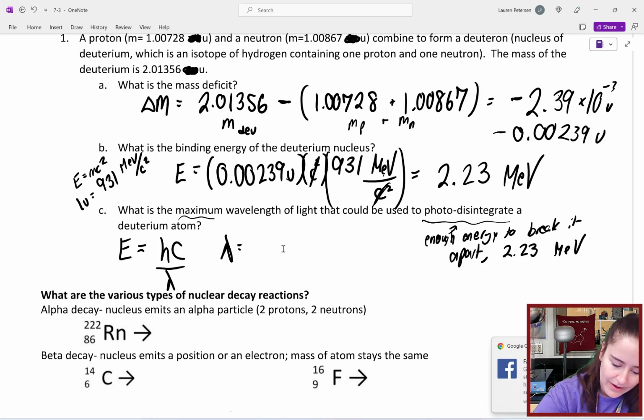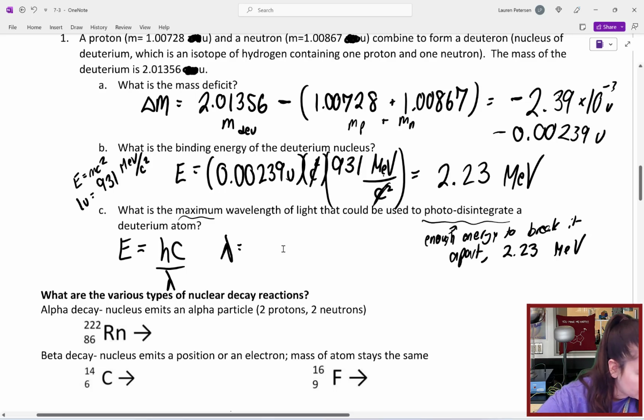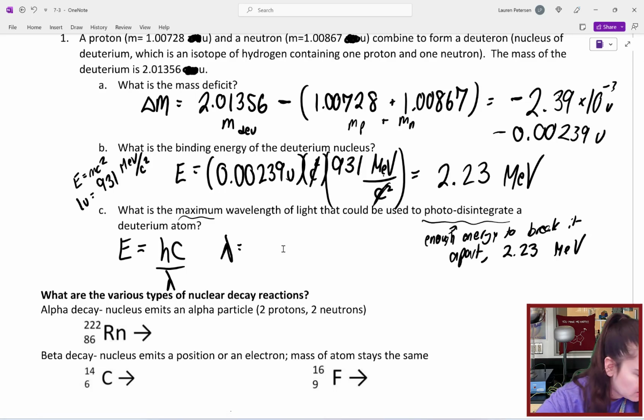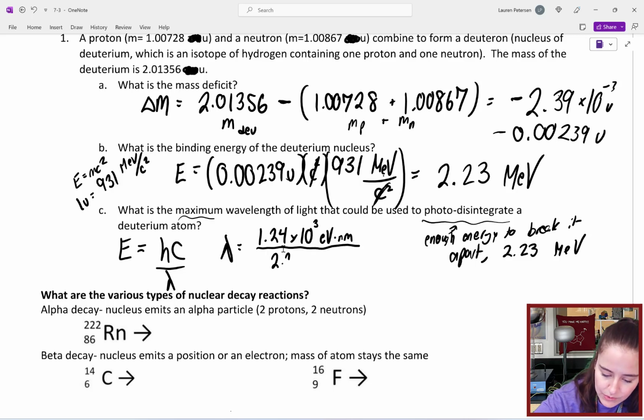But we can get our wavelength from hc, which is 1.24 times 10 to the third electron volt nanometers, divided by 2.23. Mega is times 10 to the sixth, so times 10 to the sixth electron volts.